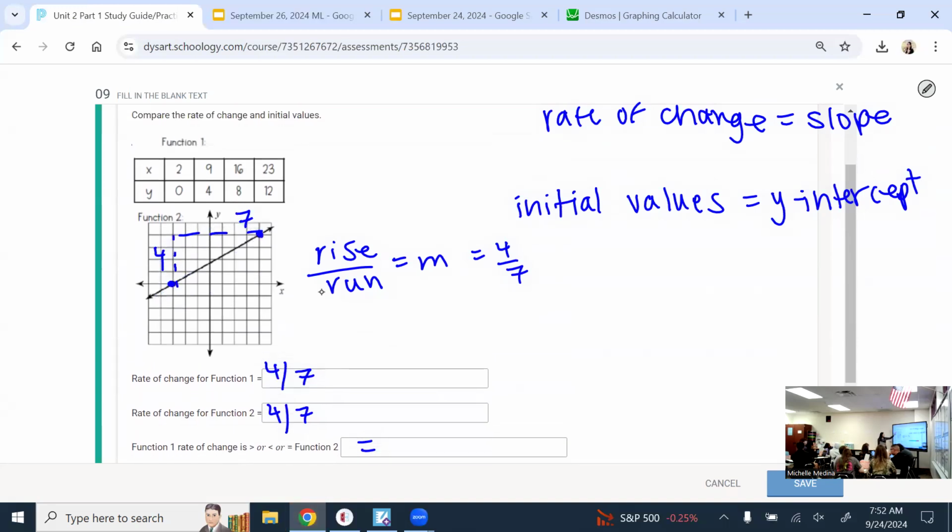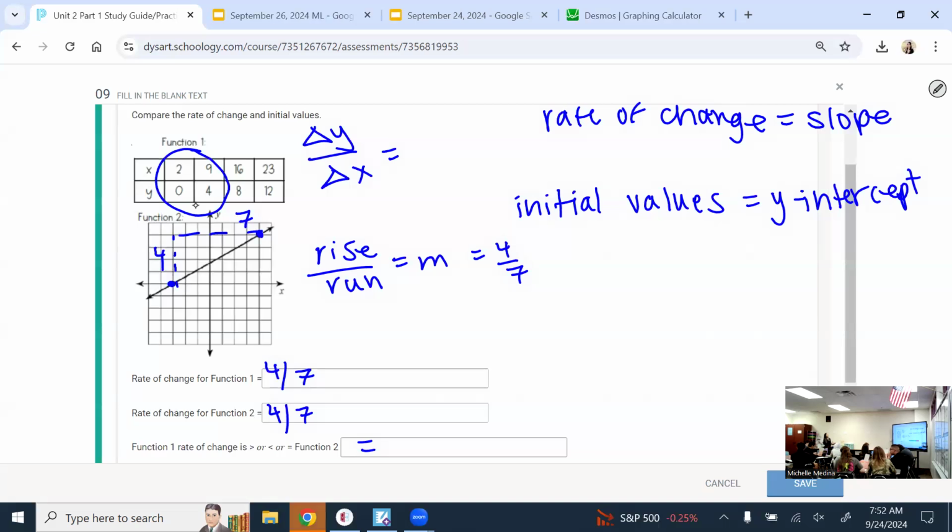Really, when you have a table, there's this other method, but we didn't see it in the unit, so I'm kind of hesitant to make you learn it now. But just as a side note, whenever it's from a table, slope can also be written as the change in y divided by the change in x. Pick 2 areas to look at, and don't switch it up. Say I pick these 2 parts.